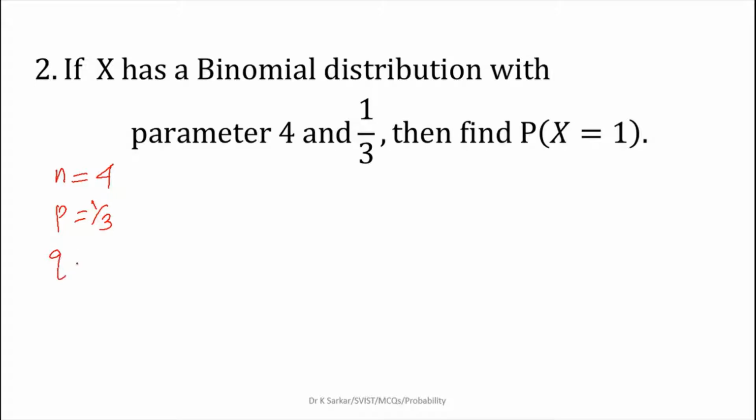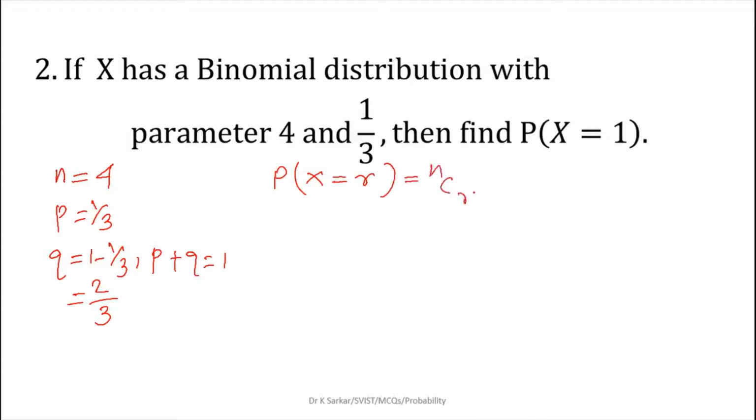So q equals 1 minus 1/3, that is 2/3, because we know that p plus q equals 1. Now probability at x equals r is nCr p to the power r q to the power n minus r, according to the PMF of binomial distribution.